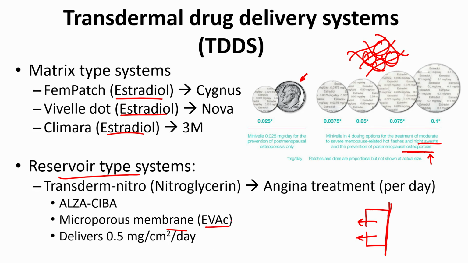A variant of EVAC is able to deliver about 0.5 milligram per centimeter square per day. So it is very well defined. Let us say if I need a 1 milligram dose, then I will put a patch which is about 2 centimeter square in area, and that will give me enough of the drug. In this case the drug being used is Transderm Nitro, which is nitroglycerine and is used to treat angina.